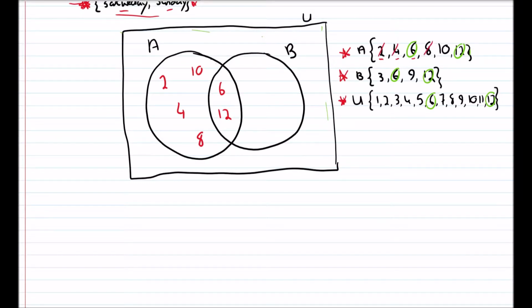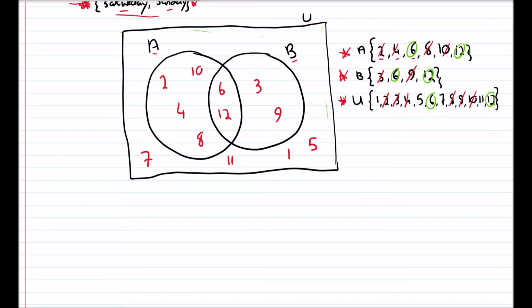In set B I have 3, 9, that's done, and let's cross out the ones I've already dealt with. Now any elements that are not in set A or set B, but are in set U, will go outside the circles. So that's 1, 5, 7, and 11. Okay, so that's me after completing my Venn diagram.